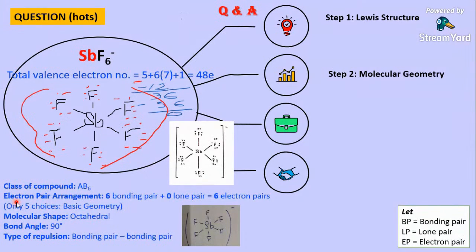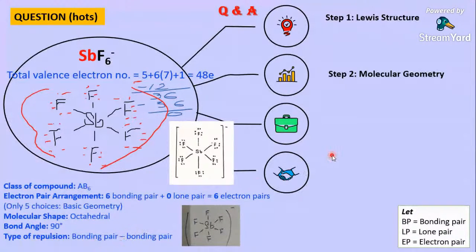So always remember, for the electron pair arrangement, just refer to the basic geometry. Okay, means linear, trigonal planar, tetrahedral, trigonal bipyramidal, and octahedral. So over here, there are 6 bonding pair, 0 lone pair, total 6 electron pair. So this is octahedral. So this is the bond angle, type of repulsion, bonding pair, bonding pair. Actually, the type of repulsion is not compulsory here, but I teach my student in the package, so they just write down like this.